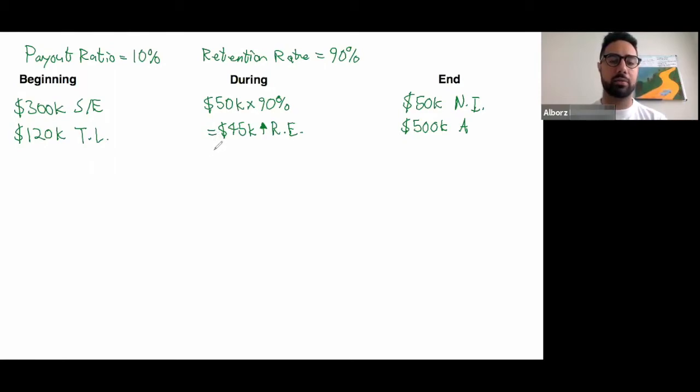We also have a $10,000 increase in non-debt liabilities, NDL for short. This is given to us in the text.